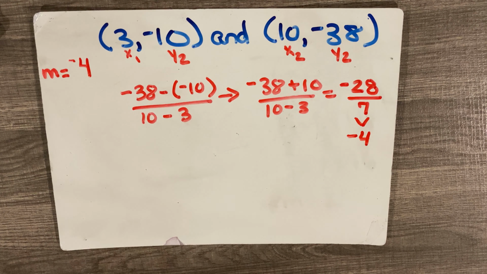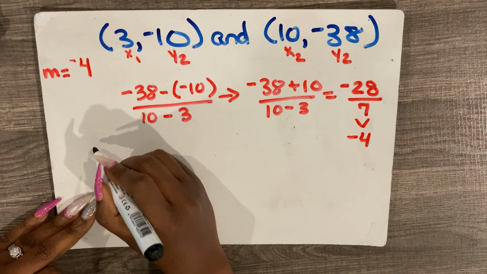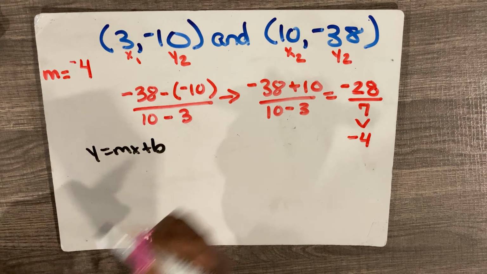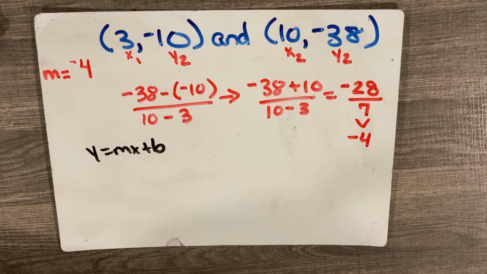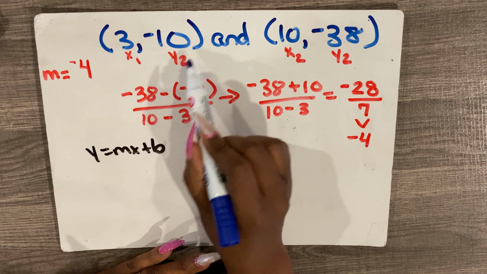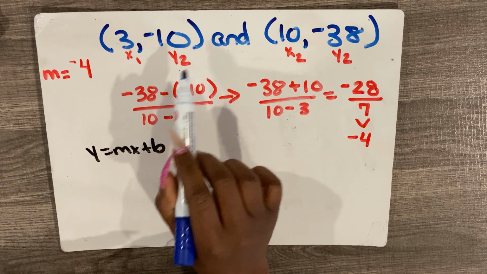So now that I have my slope, I need to substitute. Using y equals mx plus b, I'm going to take this set of points.